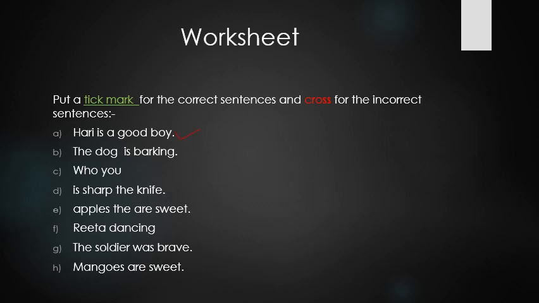So it's correct. You are going to put a tick mark because it is a full statement. The dog is barking. It's correct. Who you? It's wrong because there is no full stop, there is no question mark, there is no is or are used in the sentence. In the same way, children, you have to do the further sentences. So please do all this in your notebook where you have been doing the homework.